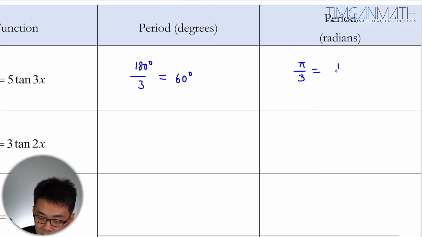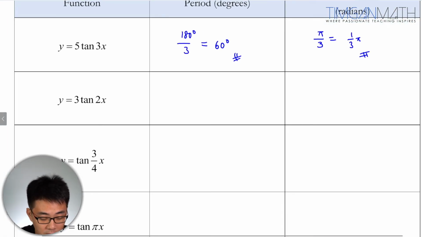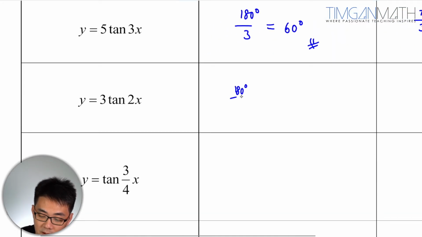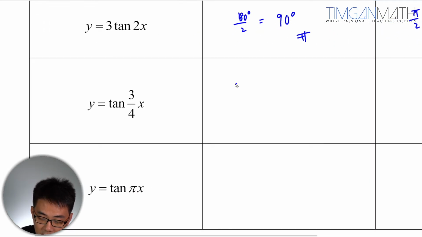So you just want pi. Okay, so you can just fill in the blanks. In this case here, the one below here, we get 180 divided by 2. This is 90. Then this will be pi divided by 2, which is half pi. Okay. Then we're going to go on by writing 180 degrees divided by 3 over 4.